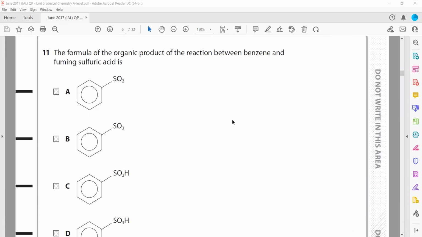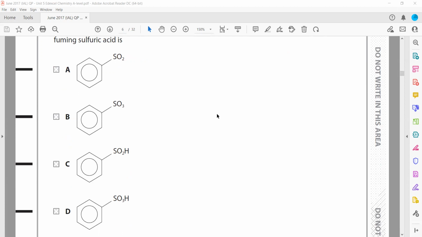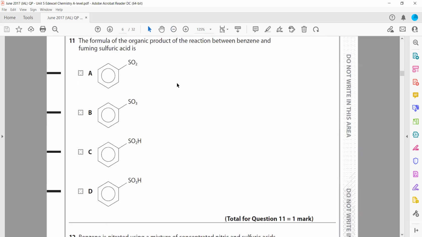Then, the formula for the organic product of a reaction between benzene and fuming sulfuric acid. Fuming sulfuric acid, basically what it refers to: H2SO4 is there.